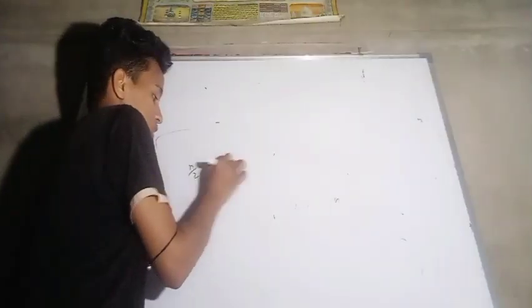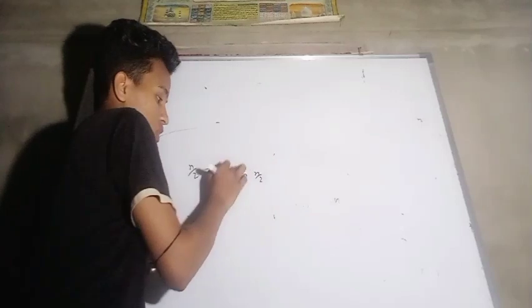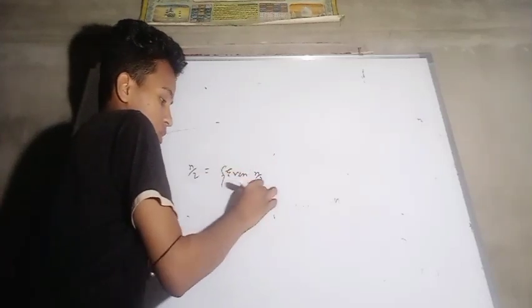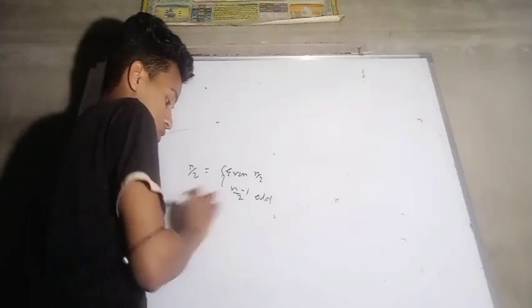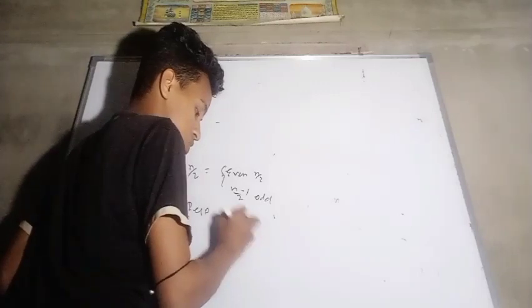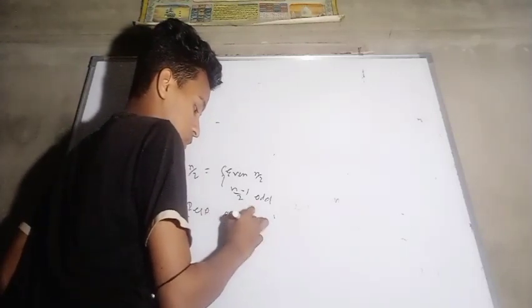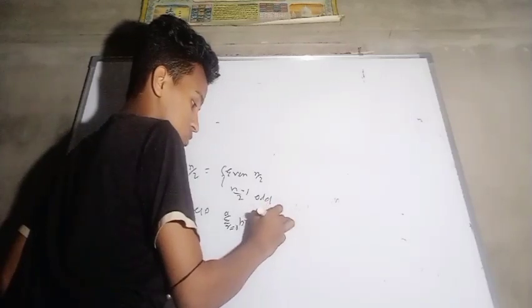Before starting, n by 2 is even, and for n minus 1 it is odd. We know this. Now replace the summation, r from 0 to infinity, by r from 0 to n by 2.